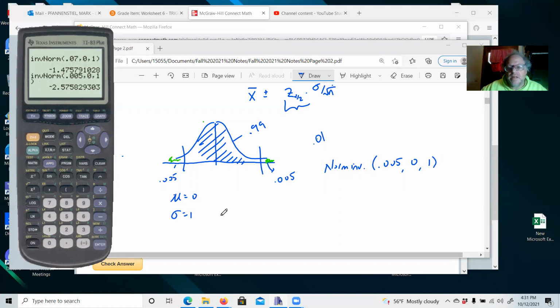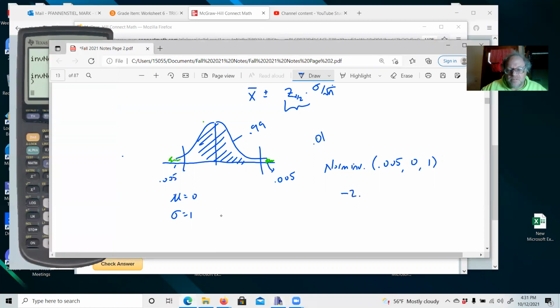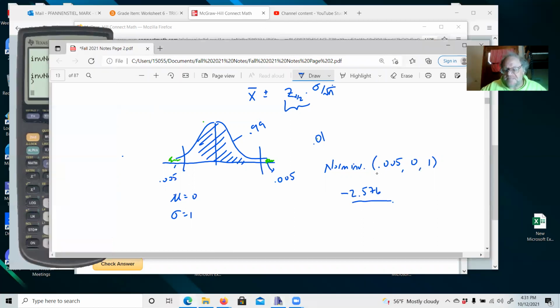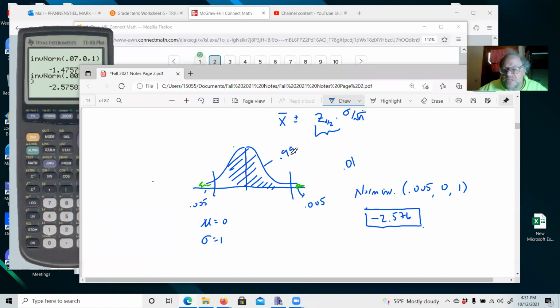We ended up with negative 2.576, so 2.576. If you use the tables, you would have grown to memorize these numbers, so I knew what the answer was going to be before we started, but that's how you get it. That's the confidence coefficient.